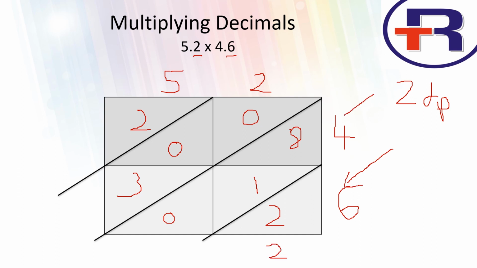We now add down this diagonal. 8 plus 1 is 9. We then add down this diagonal. 0, 0 plus 3 is 3. And finally 2. That gives us an answer of 2392.